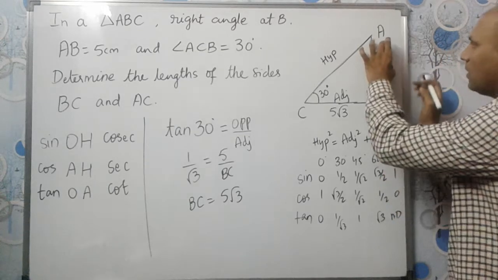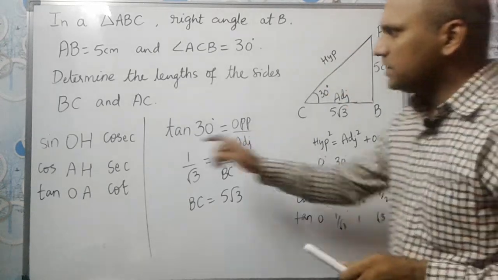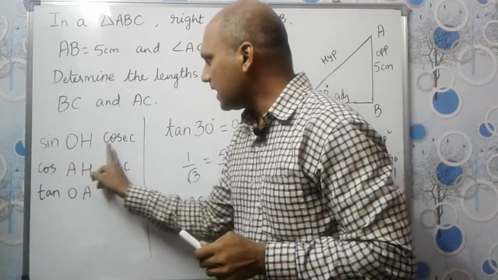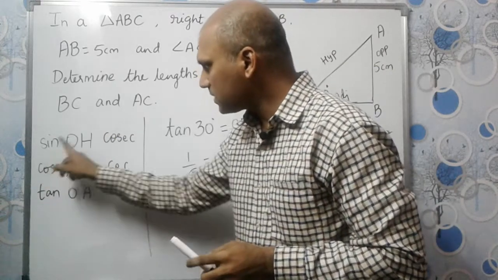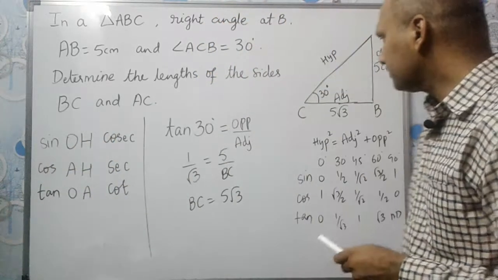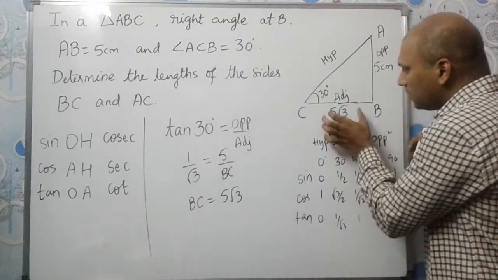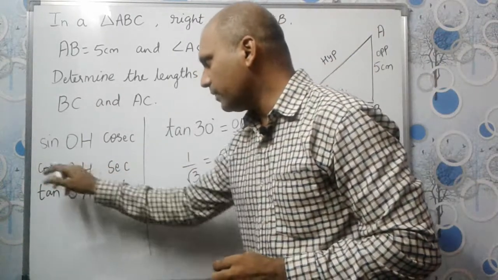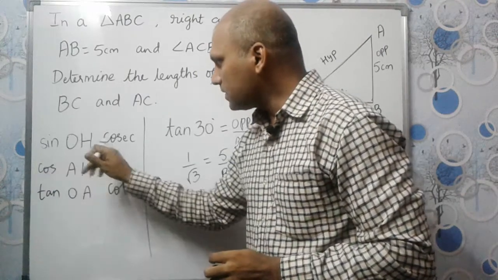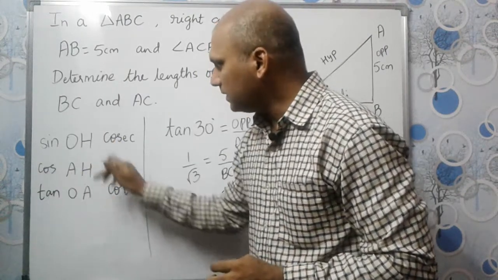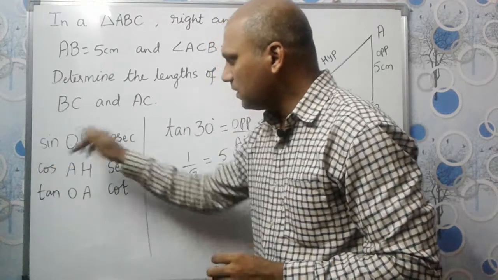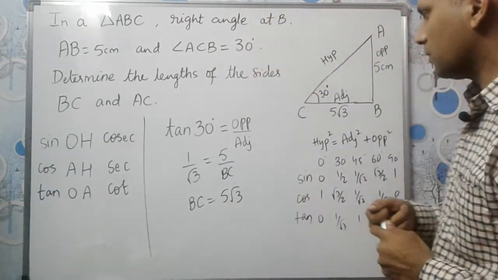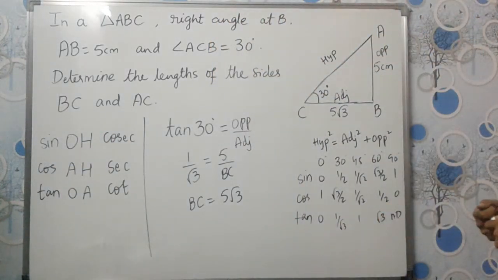So let us consider opposite and hypotenuse. Opposite and hypotenuse is in sine as well as in cosecant, right? So we can either use sine or cosecant formula. We can use adjacent and hypotenuse also. So sine, cosecant, cos and secant, we can use any one of these four formulas, right?